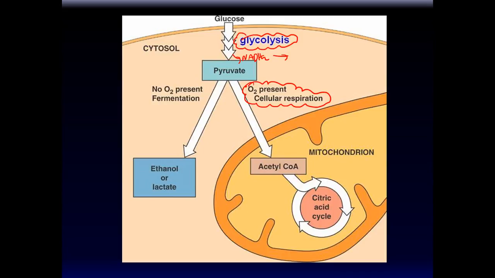Then you regenerate NAD from here using a fermentation process, making either ethanol or lactate. So pyruvate has 2 destinies. If oxygen is present, it will go into the mitochondria. If oxygen is absent, it will be metabolized, and ethanol or lactate will be produced to regenerate those NAD.